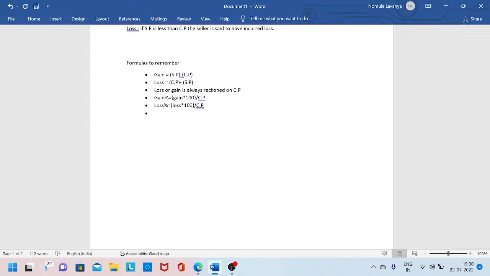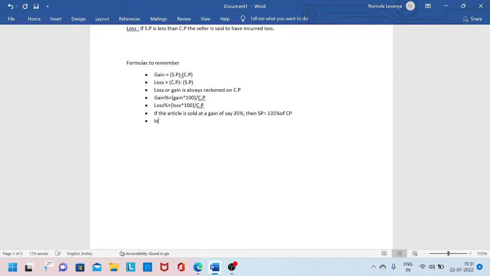So next is, if the article is sold at a gain of say 35%, then SP will be equal to 135% of CP. Okay, so this is one more.